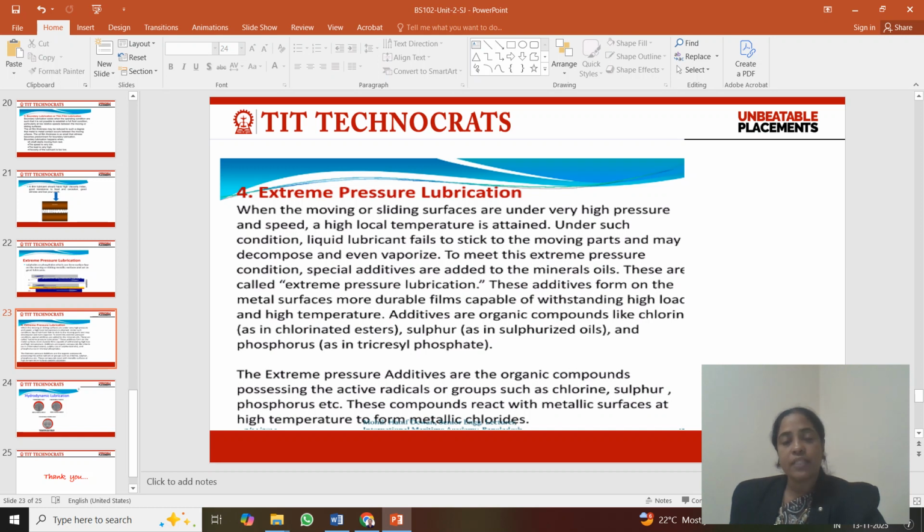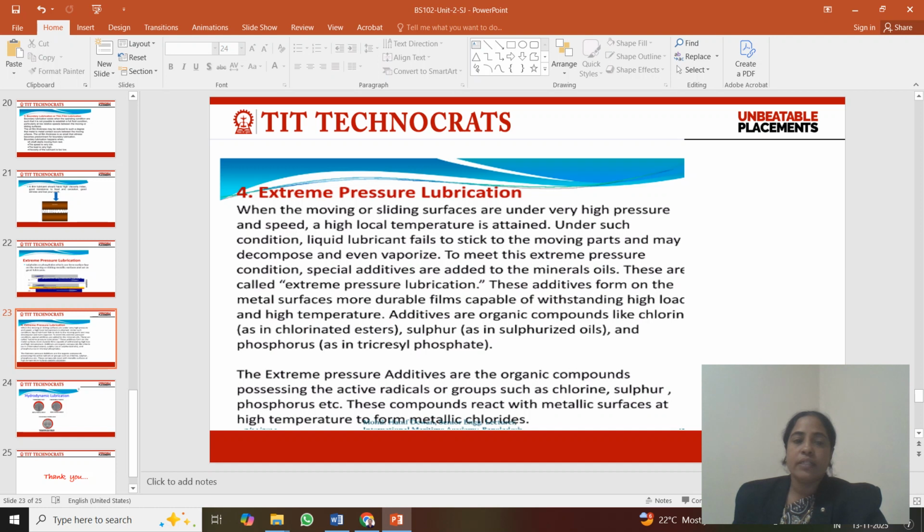Examples of synthetic lubricants are LAB, linear alkyl benzene, and PAO, polyalpha olefin. Biodegradable lubricants are also important for extreme pressure lubrication, and biolubricants are basically extracted from plant-based esters, for example from the soya bean or soya plants.